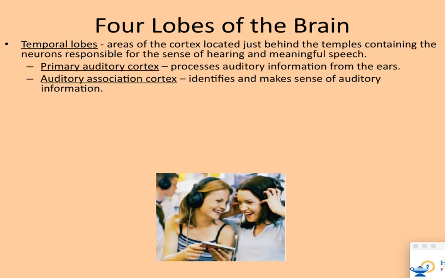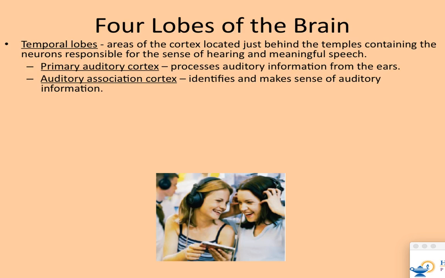Now, inside your temporal lobe, you have your Wernicke's area. You also have your auditory cortex. Your auditory cortex is just picking up the raw sounds and saying, here you go, auditory association cortex, and then that makes sense of the information.